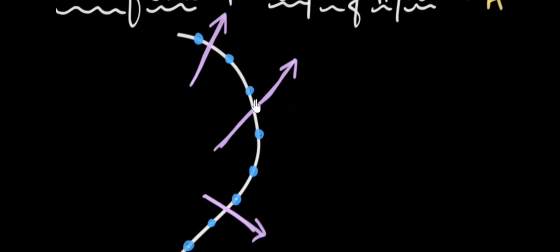One component is parallel to the wavefront, so let me use yellow to represent that, and another component is perpendicular to the wavefront. Now let's concentrate on the component of the ray that is parallel to the wavefront.